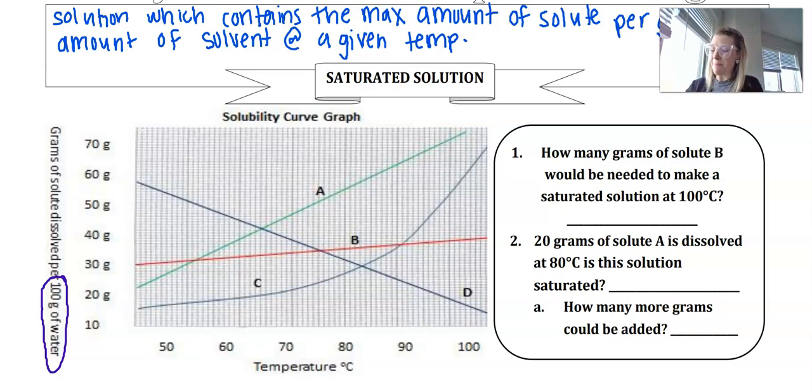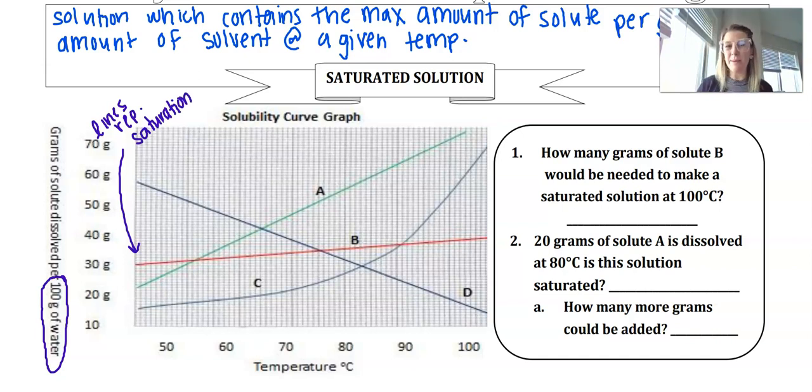Our line represents the point of saturation. So the lines represent saturation. If I want to know how many grams of solute B is going to create a saturated solution at 100 degrees, I simply need to read up from 100, find my point B, and read across.